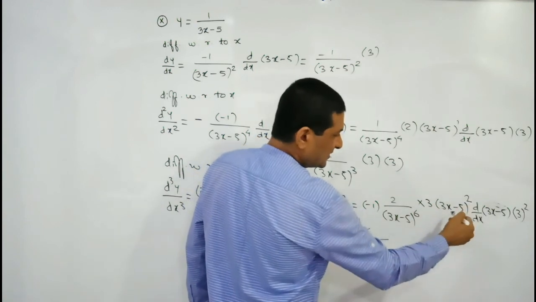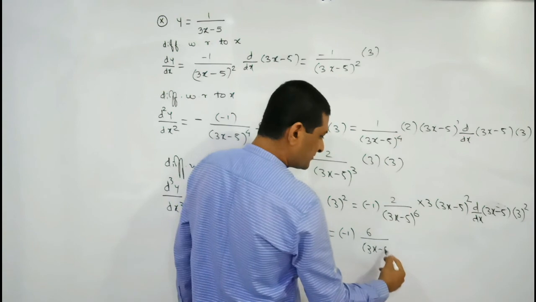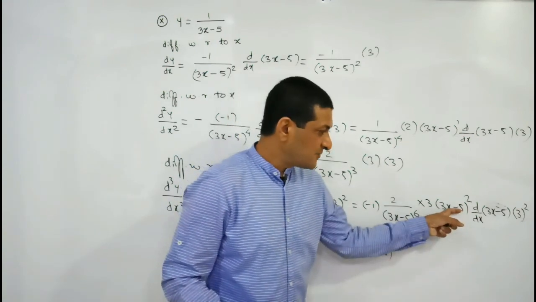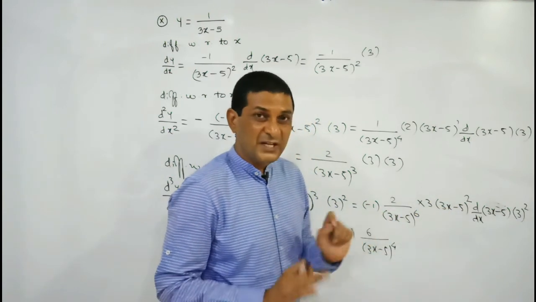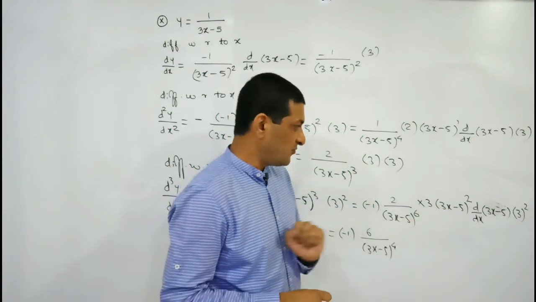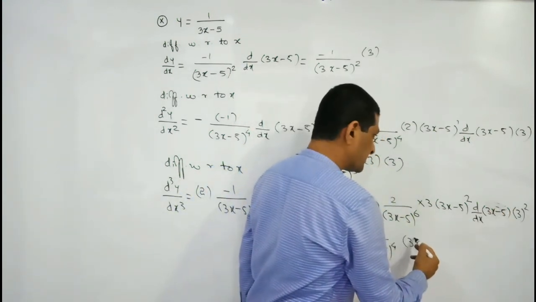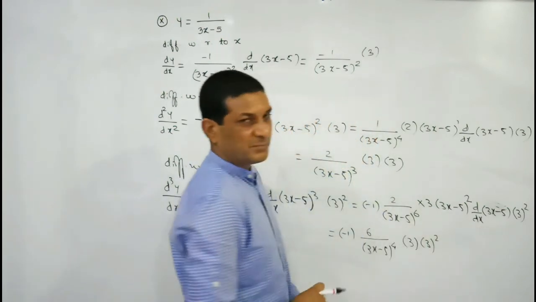If the square here and the square there get cancelled, what will be the new power of 3x minus 5? Is it 4? Again observe, (3x minus 5) raised to power 2 here and (3x minus 5) raised to power 2 there will get cancelled, so the new power here will be 4. Now the derivative of this term is 3, and keep this 3 square as it is. So differentiation is completed now.